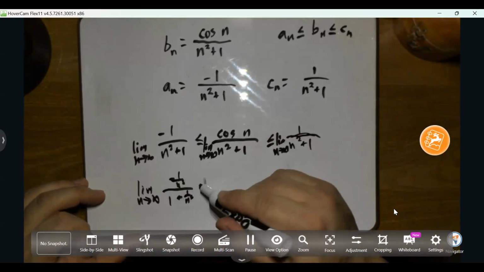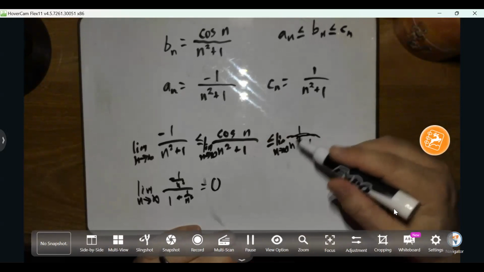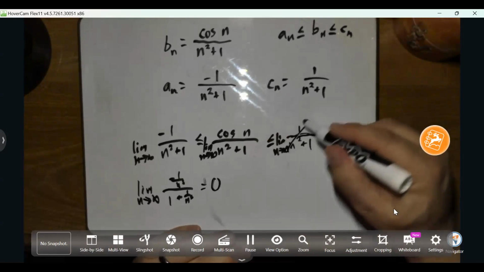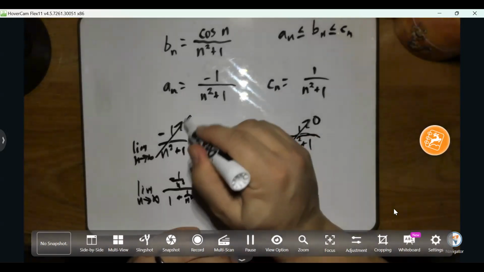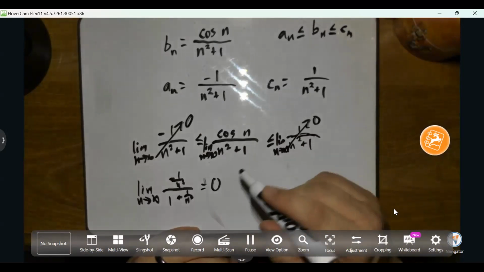So 0, 0. So this goes to 0. And same thing with this one. We divide it by n squared, so this one also goes to 0. Both the top and bottom limit go to 0.